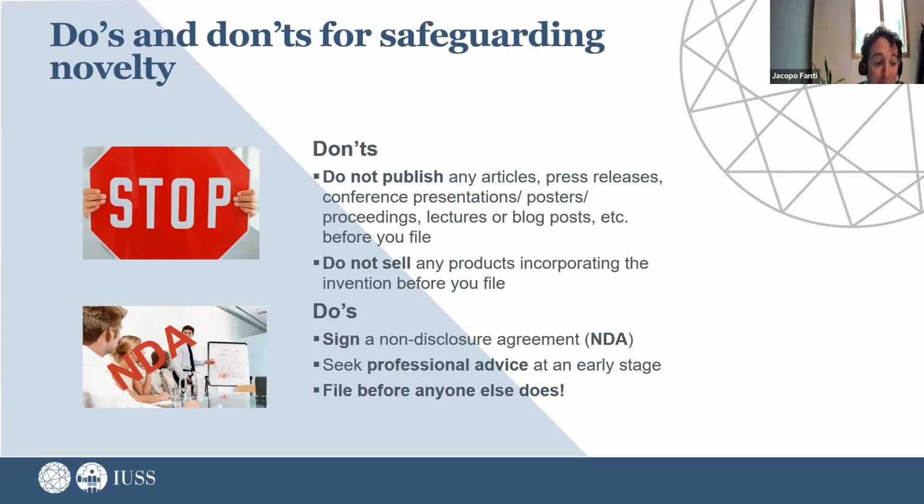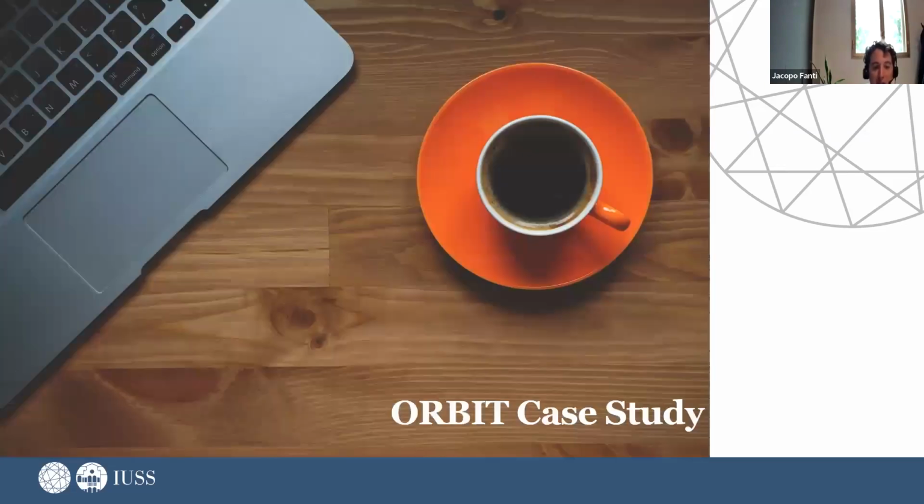Start immediately, because they can provide you with information and support and guide you in doing the right thing. And of course, file before anyone else does. Otherwise, your invention is no more new and you cannot file a patent application.